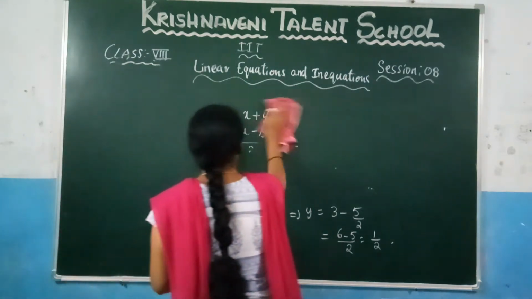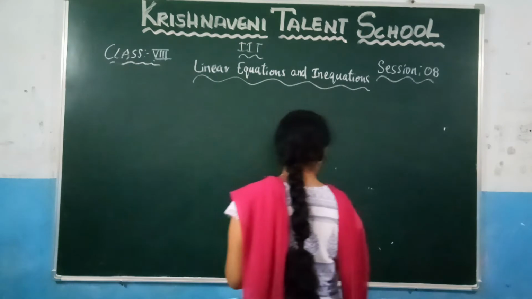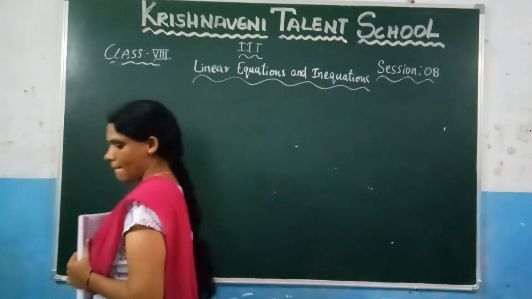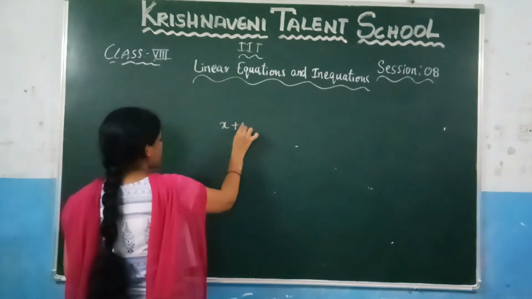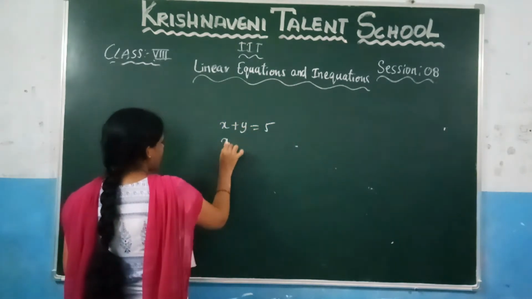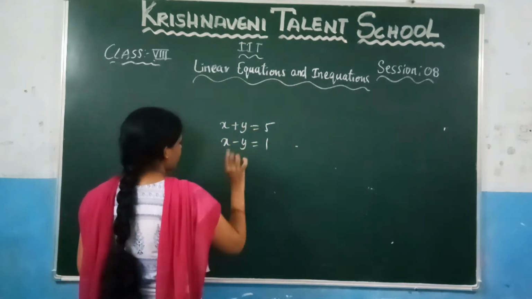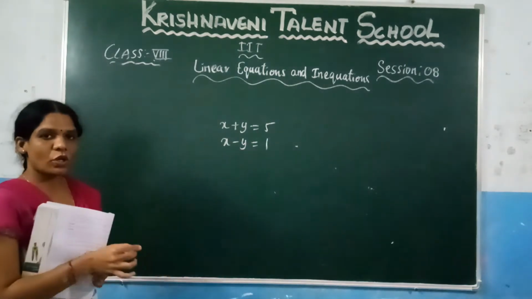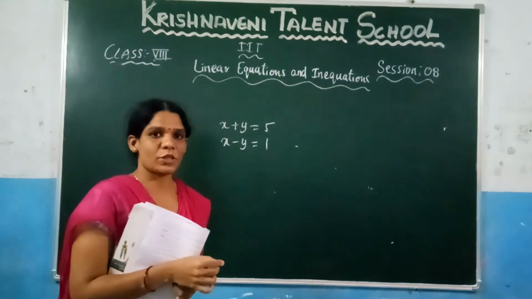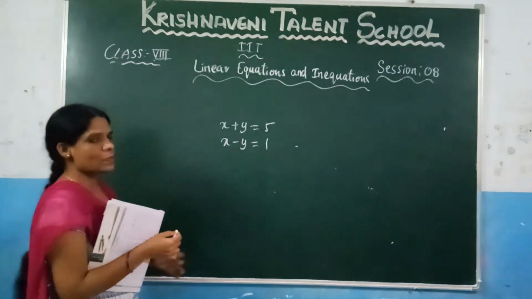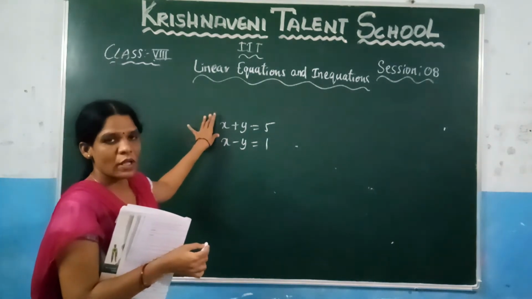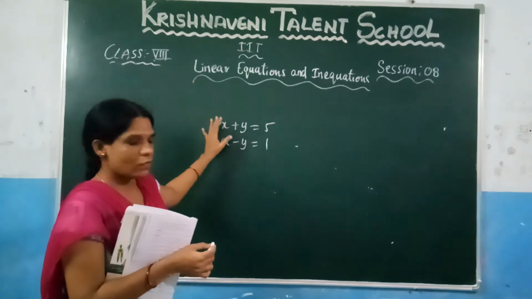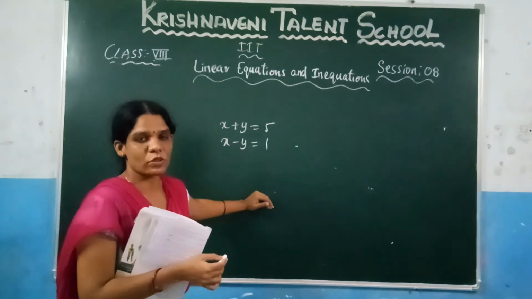What is the substitution method? If you are given linear equations, consider x plus y is equal to 5 and x minus y is equal to 1. Let us consider this one. If you want to solve by using the substitution method, the name itself says that we need to find one variable's value and substitute it in the other equation.